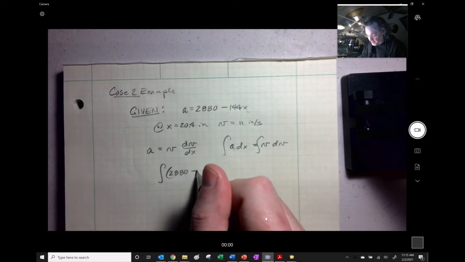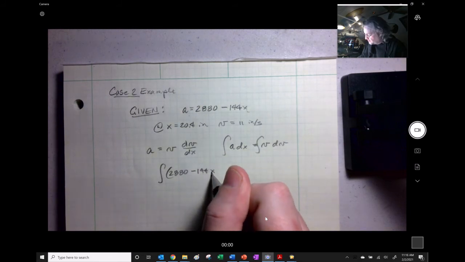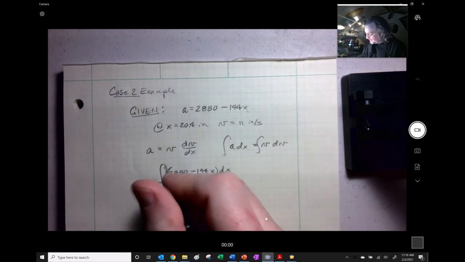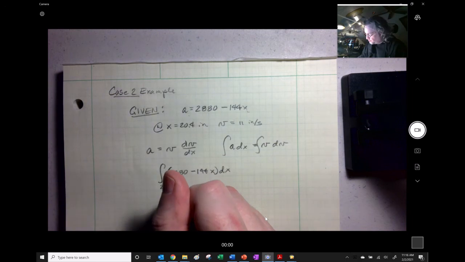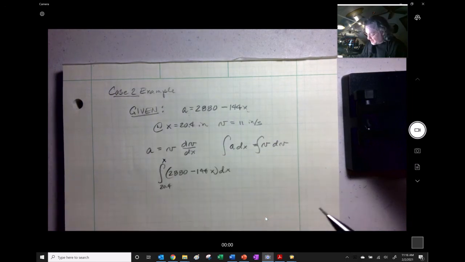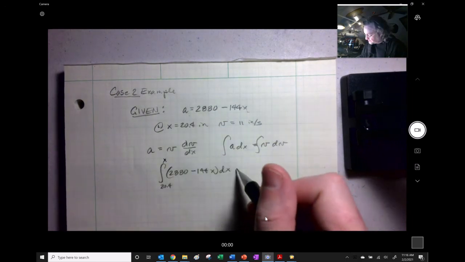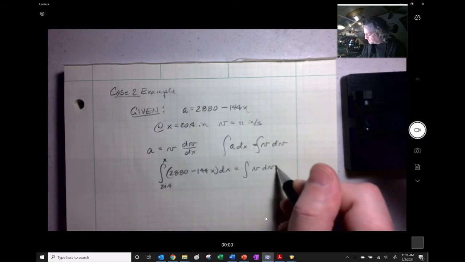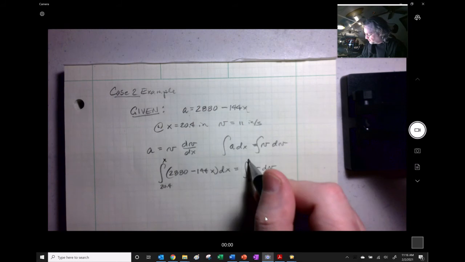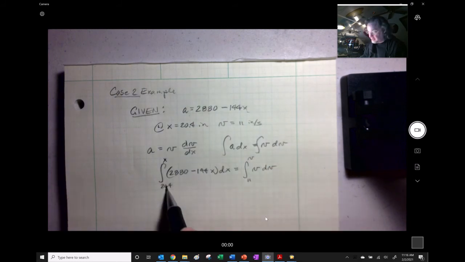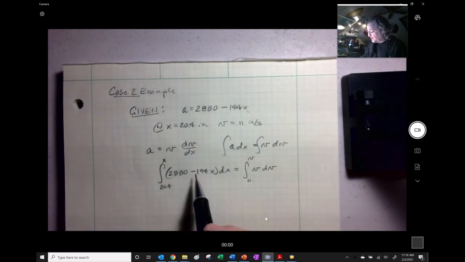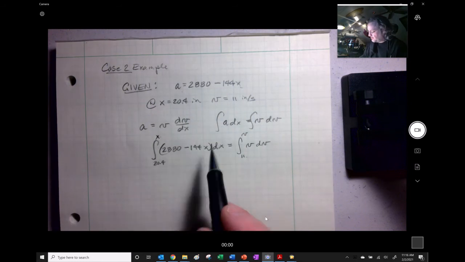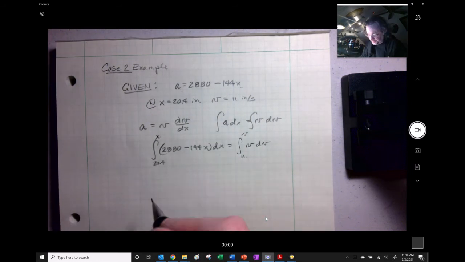I'll put some parentheses in there. And that's going to be dx. And we're going to take it from 20.4 to x, right? And for the velocity, we will take it from 11 to v. And you'll notice that that has to correspond with that, right? And we're going to keep these as variables up in here.